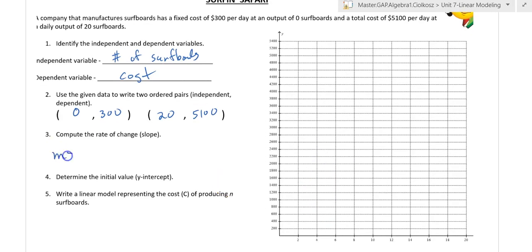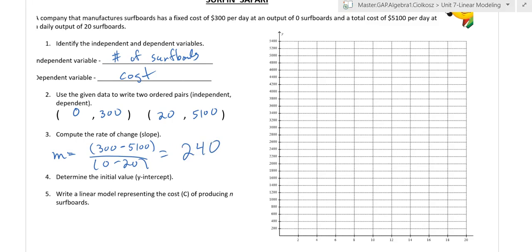Finding our slope or our rate of change. We get $240. So it's costing us about $240 per surfboard.